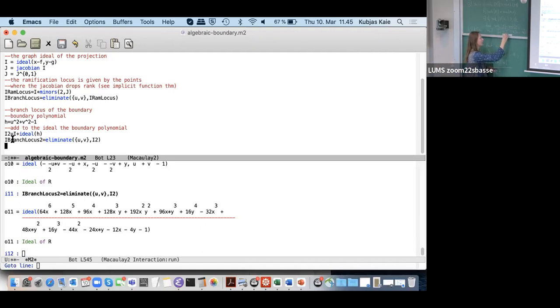It's not true that you take a generating set of I and intersect it with this polynomial ring, and then you get the generating set for I_l. So this is not correct. You have to take a Gröbner basis with respect to an elimination order. And then if you intersect the Gröbner basis with this polynomial ring, then it is true that you get the generating set for I_l.